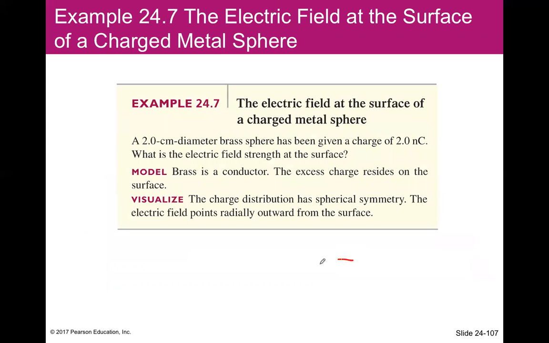So now you have a sphere, and you know the charge is, let's say, 2 nanocoulomb. And then you're asked to calculate the E at the surface. So first of all, what's the direction of the E?